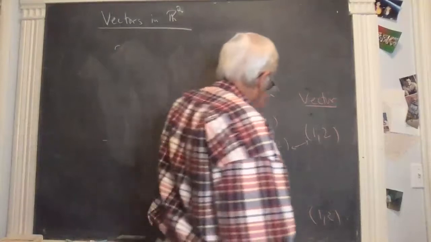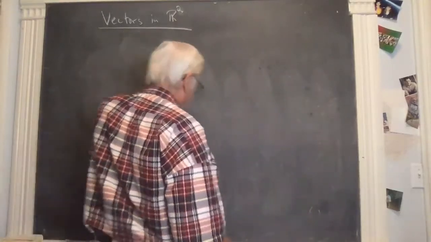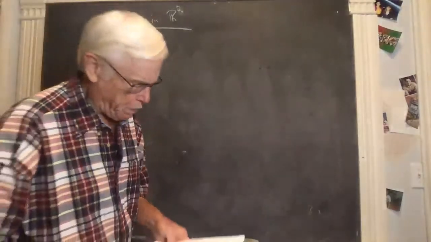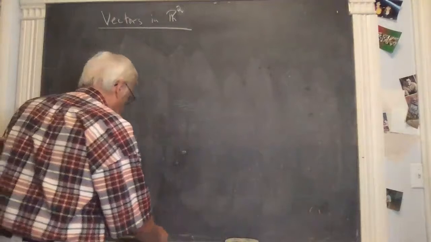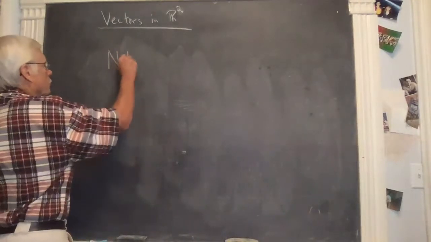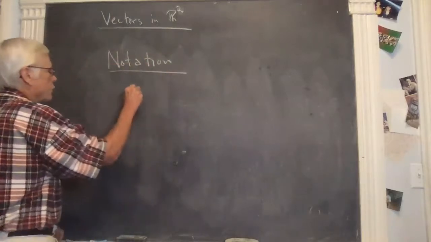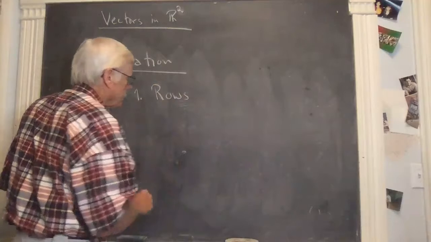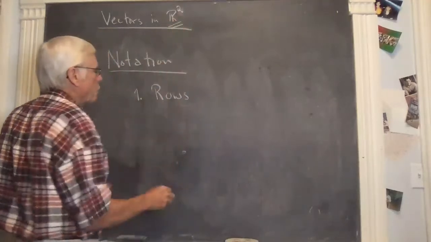What is a vector supposed to do? How do you denote them? The second thing I wanted to talk about is how we will write vectors. What I could call notation. The first notation is as rows. All of this is sort of geometric. Again, let's be in R2.